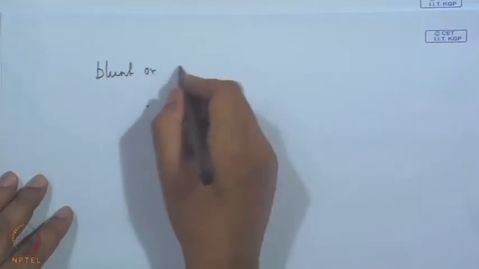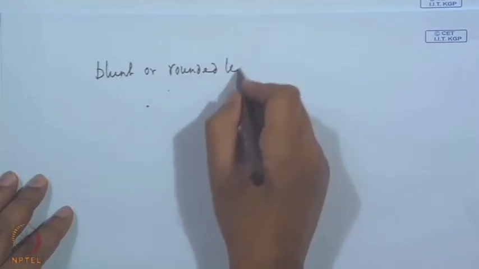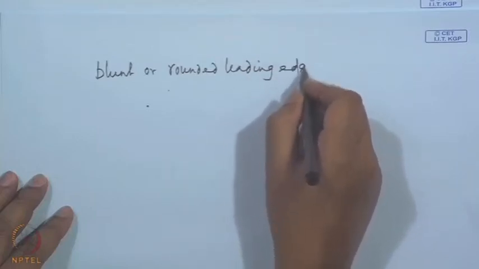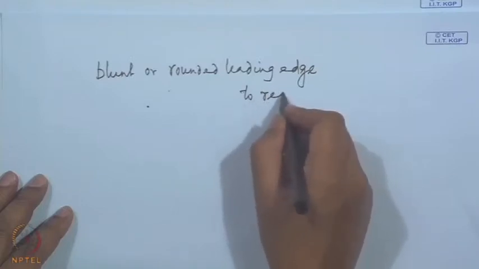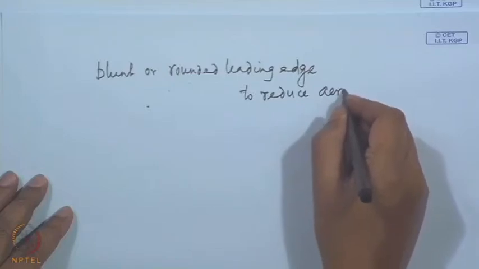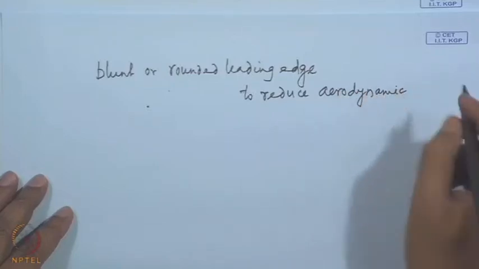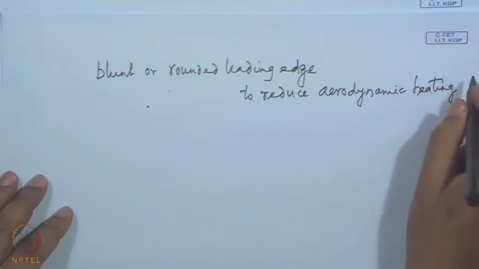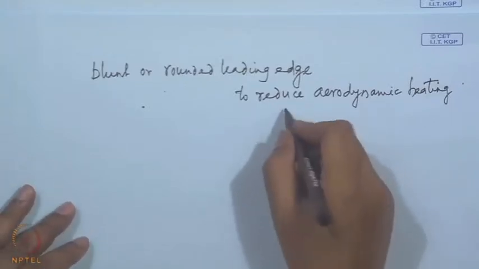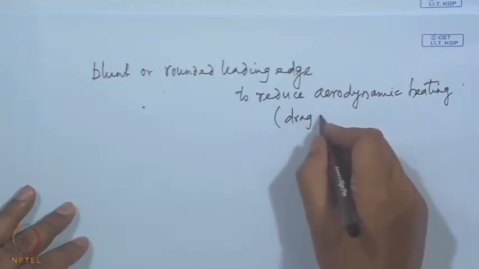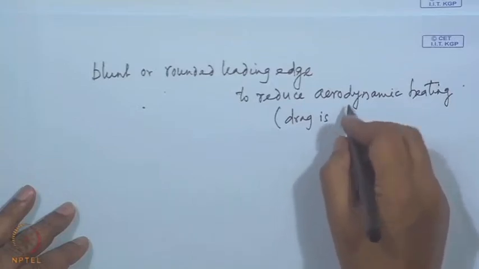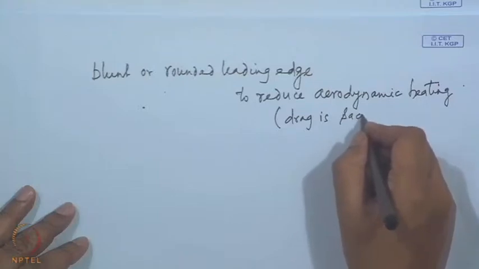So, we have the general characteristic that a blunt or rounded leading edge is used to reduce aerodynamic heating, and drag is sacrificed.